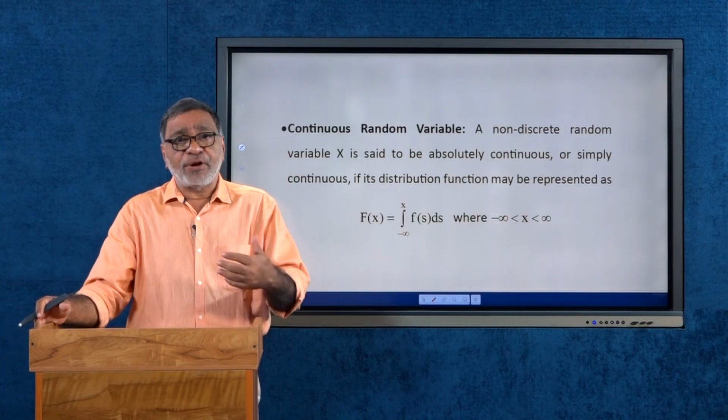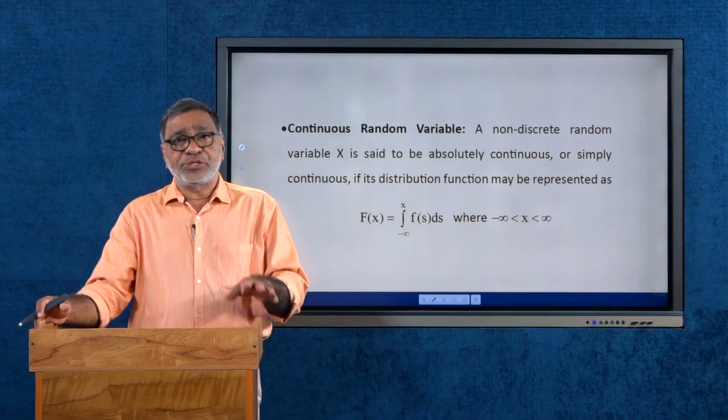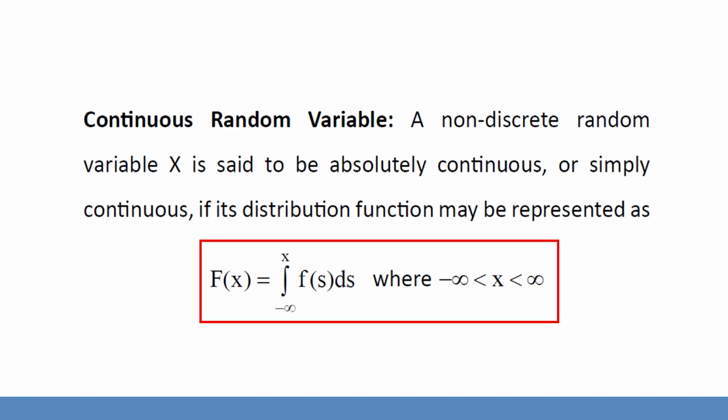So, that type of random variables are known as non-discrete continuous random variables, and a non-discrete random variable x is said to be absolutely continuous, or simply continuous, if its distribution function, that is capital F of x that we defined earlier, can be represented in terms of a function f of x.